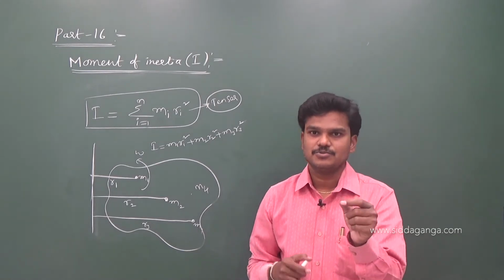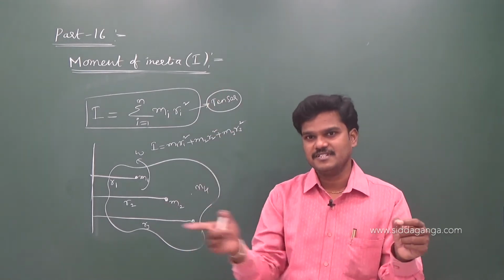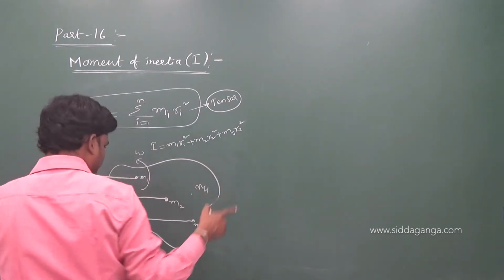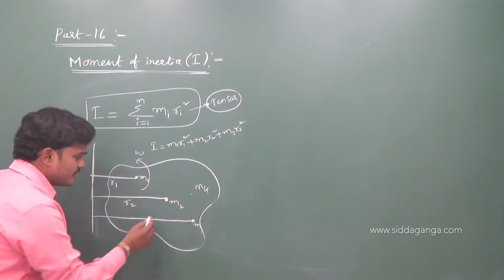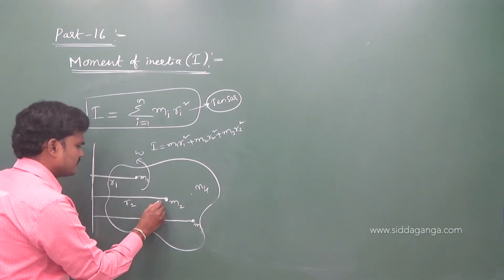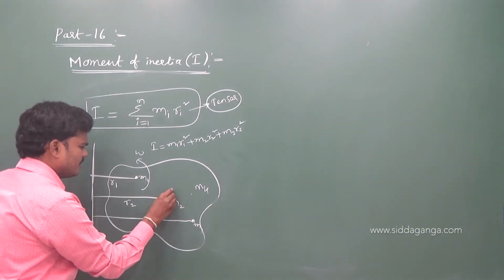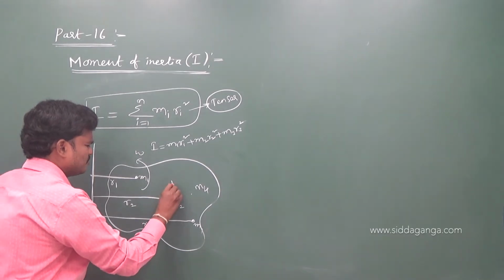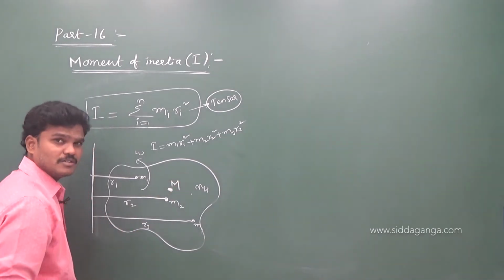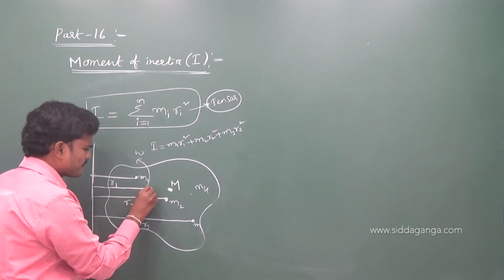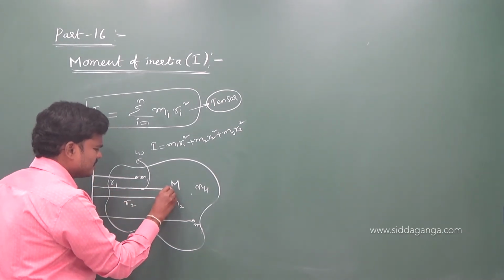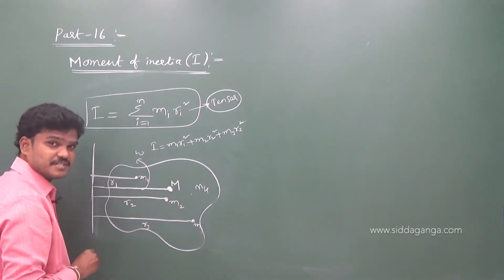That center of mass to the axis, there will be some distance. Let us suppose the total mass of the whole body, capital M, is concentrated here somewhere, and there is some perpendicular distance.